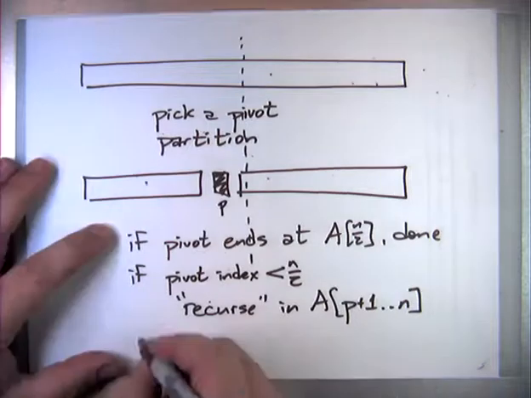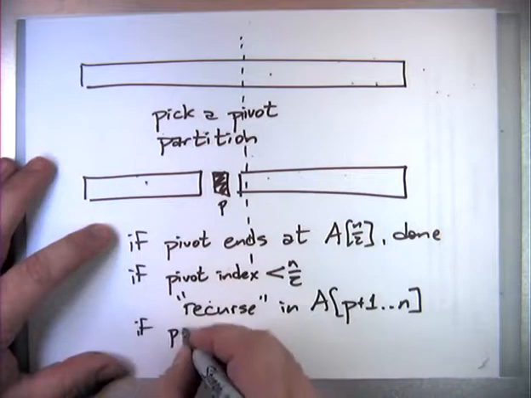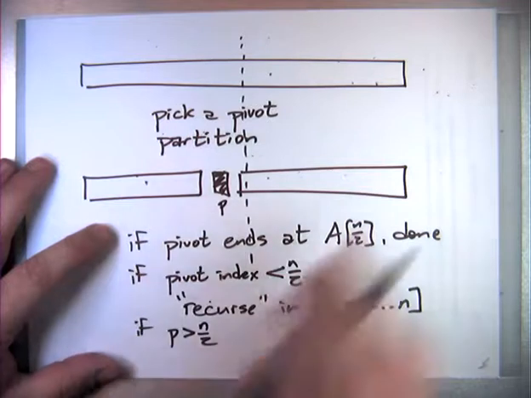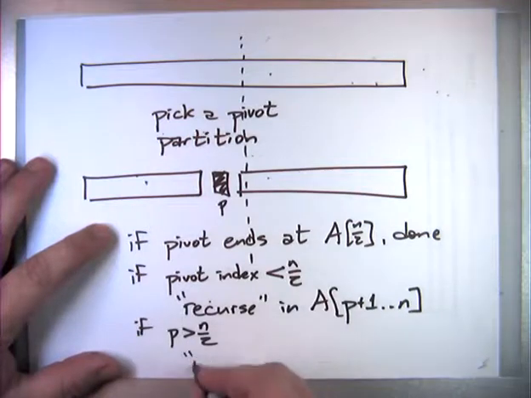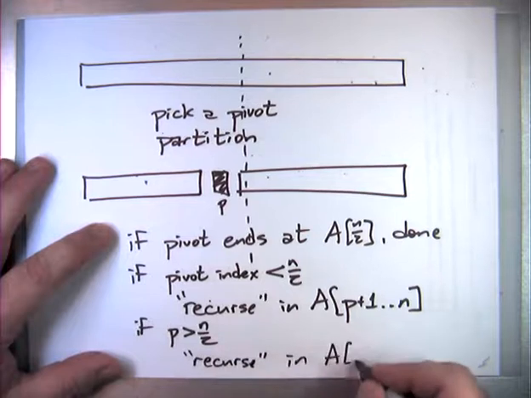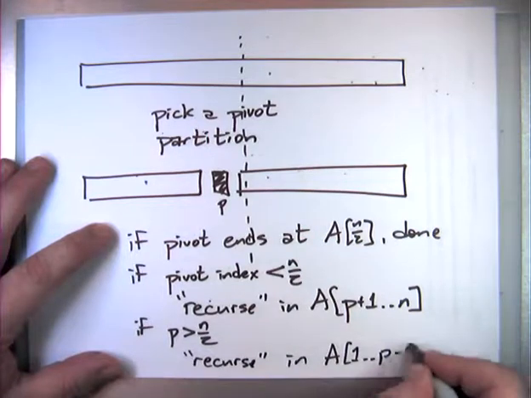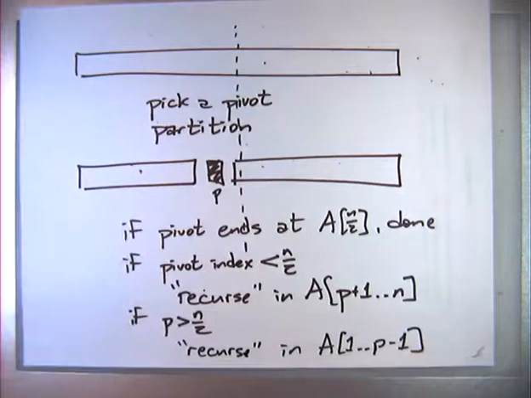And finally, if the pivot index is too far on the right side, then I only need to recurse in the left side of the array. Okay? So this is the intuition.